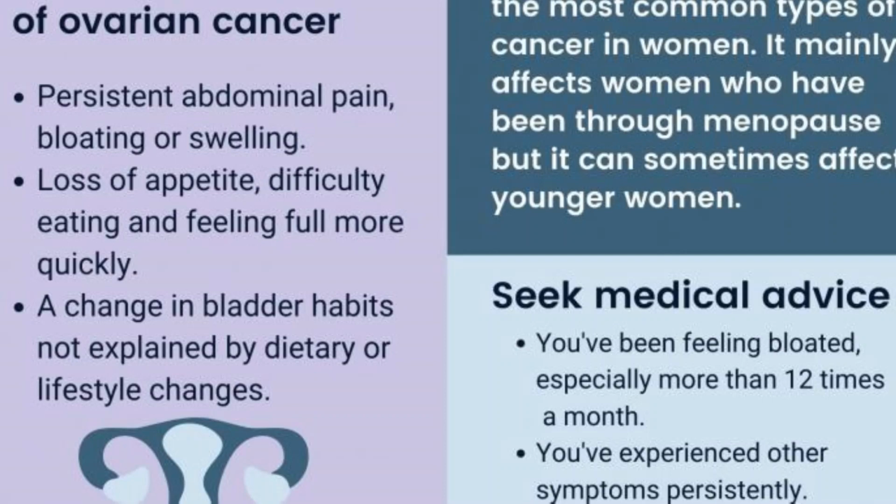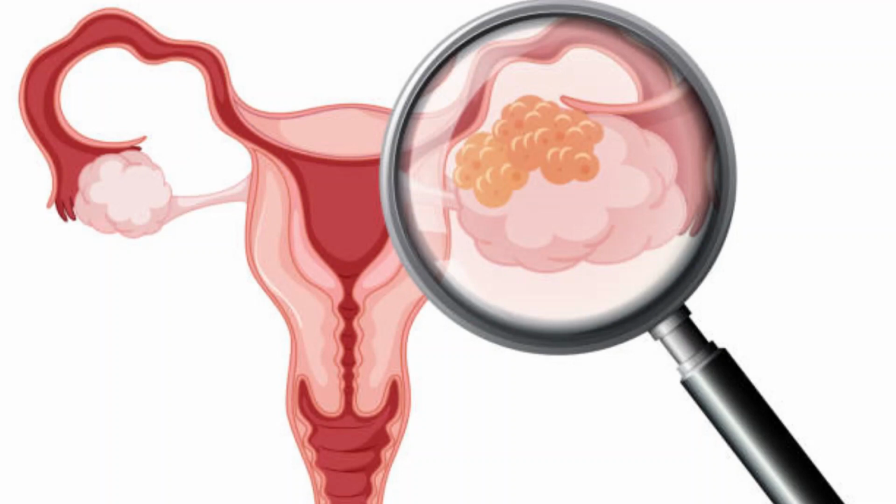Okay. And now let me tell you the causes. It is not clear what causes ovarian cancer, though doctors have identified things that can increase the risk of the disease. Doctors know that ovarian cancer begins with cells in or near the ovaries developing changes. There are mutations in the cells that lead to changes.